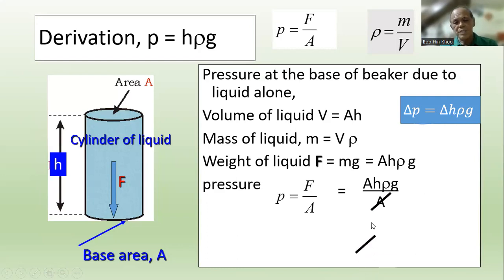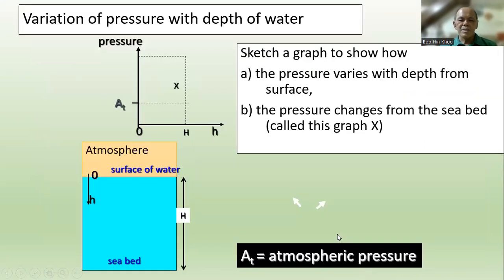So it's h rho g. Pressure due to this column of liquid or this cylinder of liquid is h rho g. You can use delta P, delta h if you want to. And P atm is the atmospheric pressure.